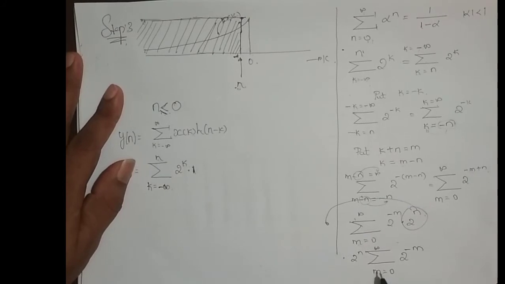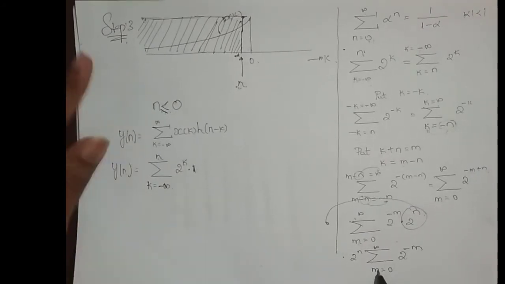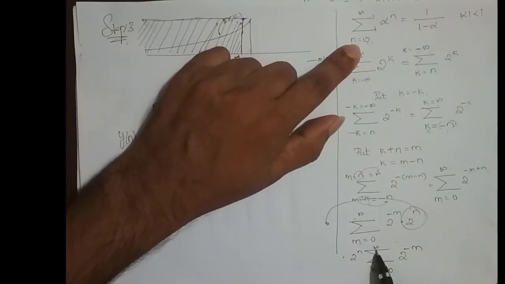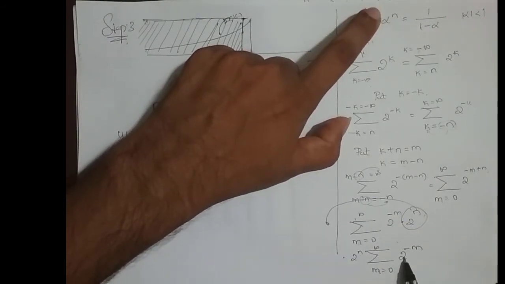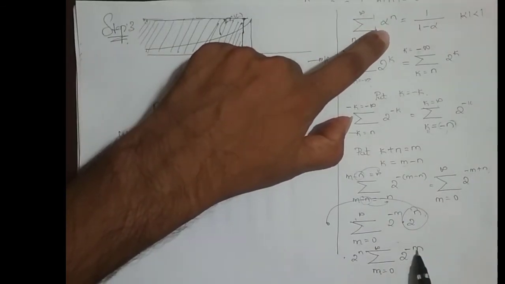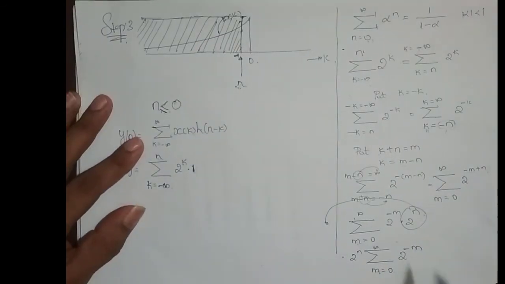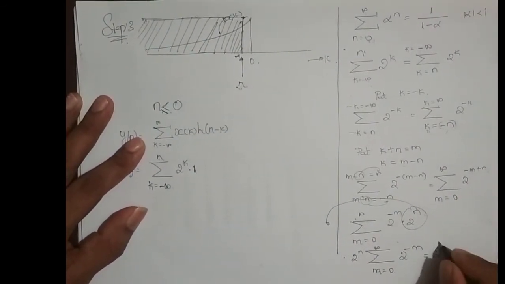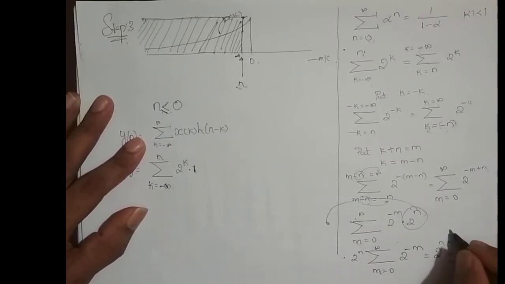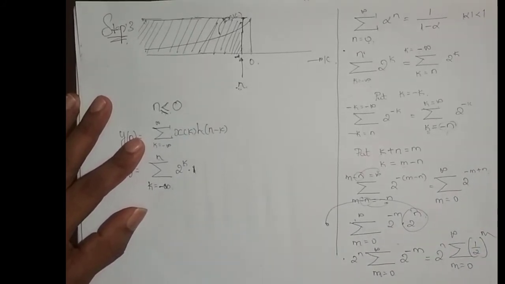Now I have it in the standard form. I can simplify this further: 2 power n times summation m varying from 0 to infinity 1 by 2 power m. I can write like this, no?